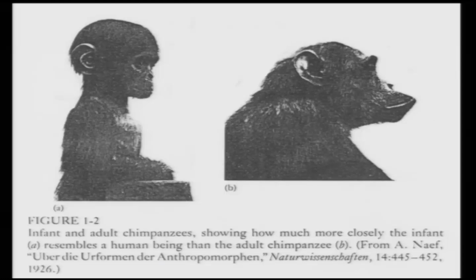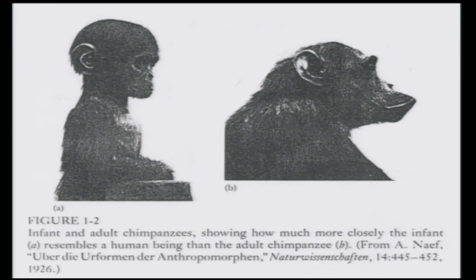But let us look, are we the only species which are like this, or are there other species? You look at this picture, this is a very interesting one from 1926. On the left, there is an infant chimpanzee, and it is written here that the infant looks much closer to a human, but as it grows up, the chimpanzee starts looking different from human beings.